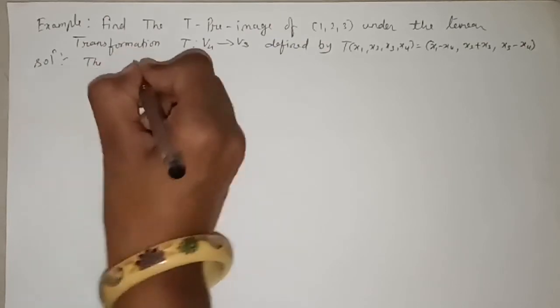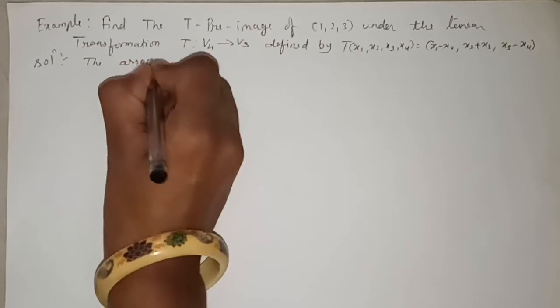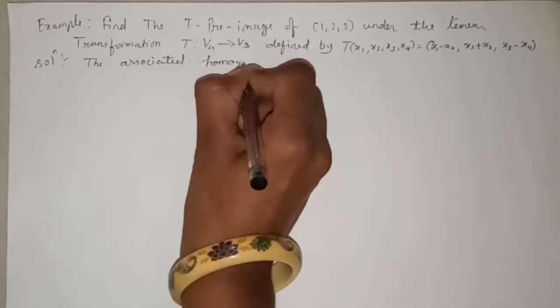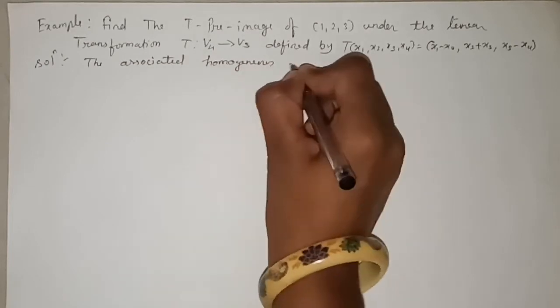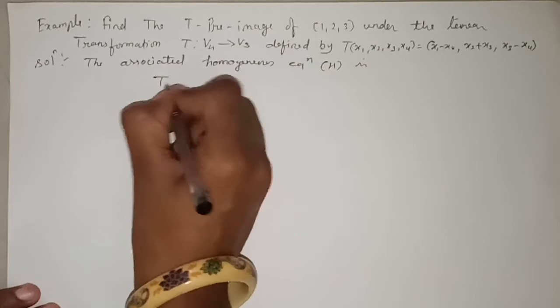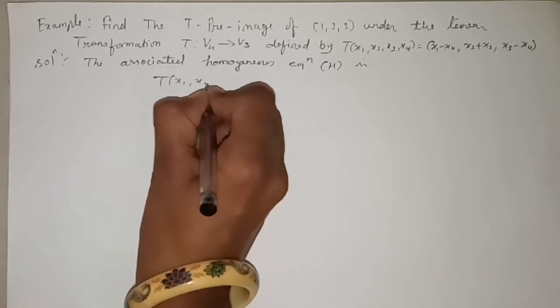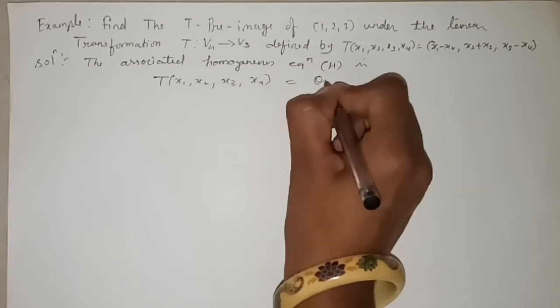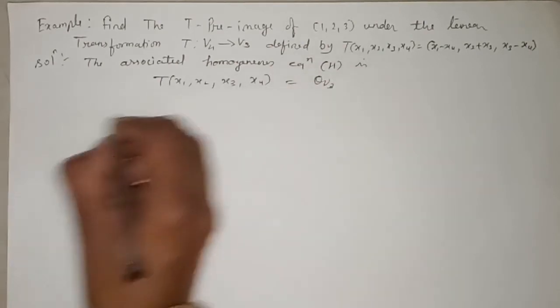The associated homogeneous equation is T of (x1, x2, x3, x4) equals theta of V3.